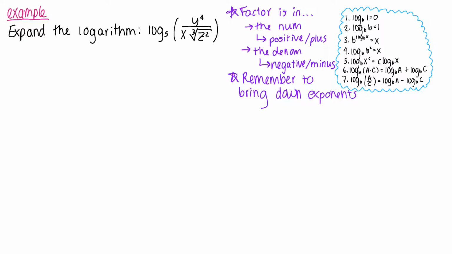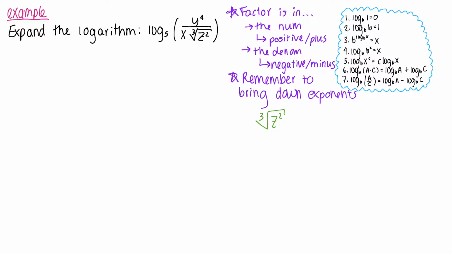All right, so the first thing I'm going to do, I want to make sure everything is written so that it has an exponent. So the troublemaker is this guy right here, the cubed root of z squared.